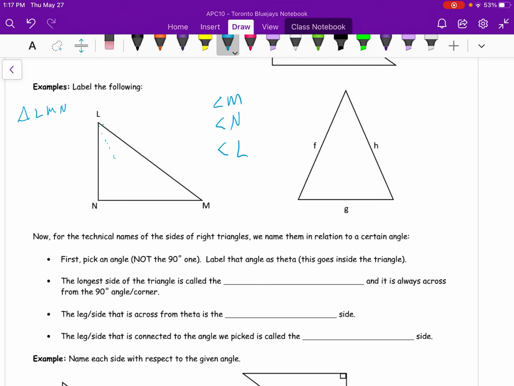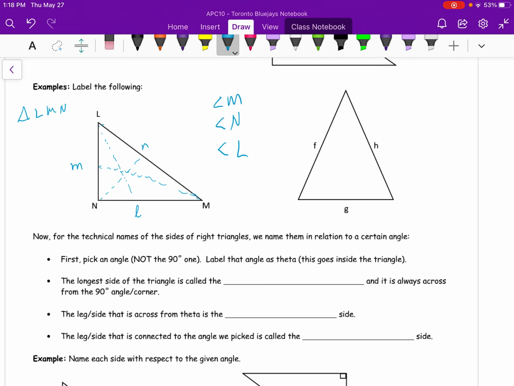Well, side L is directly across from angle L. Same with N. Last but not least, you probably guessed that side M is directly opposite angle M, and angle M is directly opposite side M.